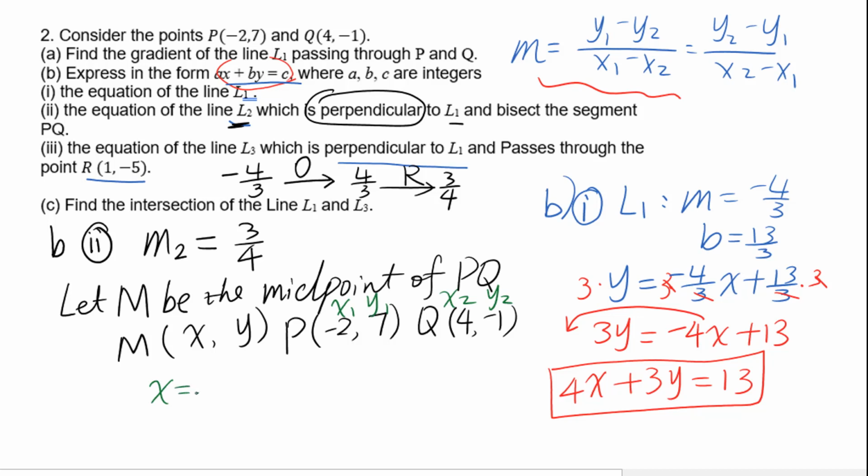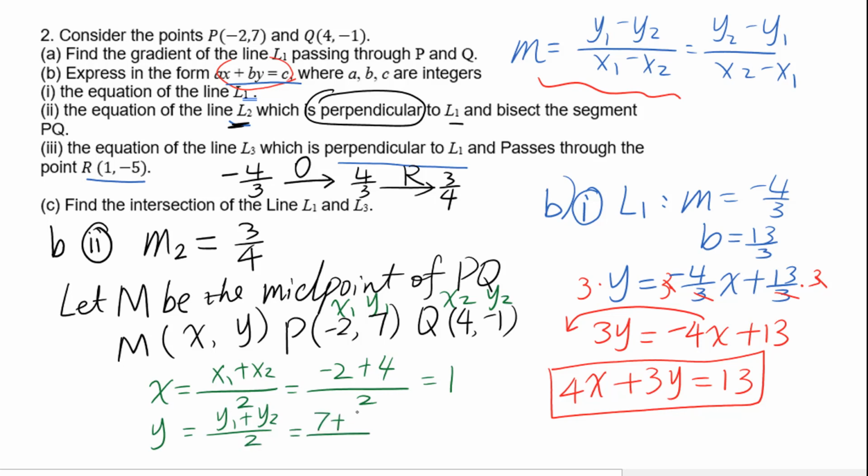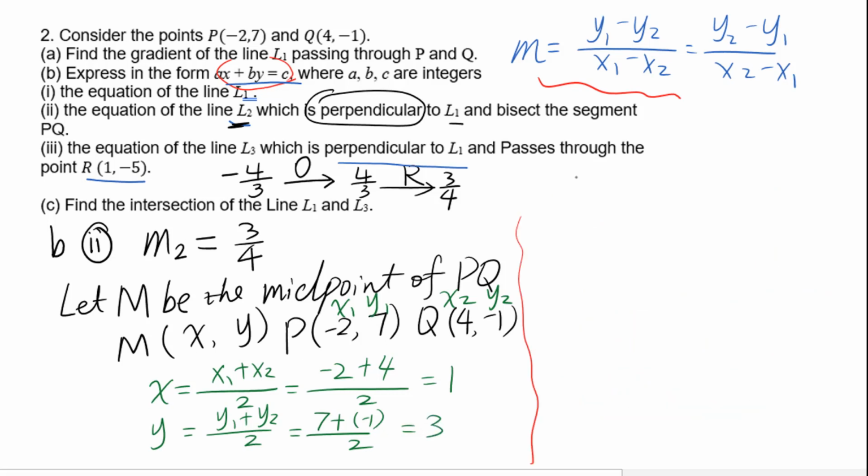So x equals (x1 plus x2) over 2. You will get (-2 plus 4) over 2 equals 1. For y equals (y1 plus y2) over 2 equals (7 plus -1) over 2 equals 3.